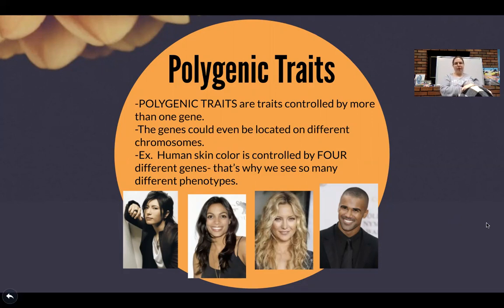Now, the kind of cool thing about this is because of the wide range of expression, let's say, human height, that is a polygenic trait. There are multiple genes that control how tall you are. And if you were to take everyone in a classroom and line them up by height, you would actually see this nice bell-shaped curve, more or less. And that's just because of the sheer extreme.